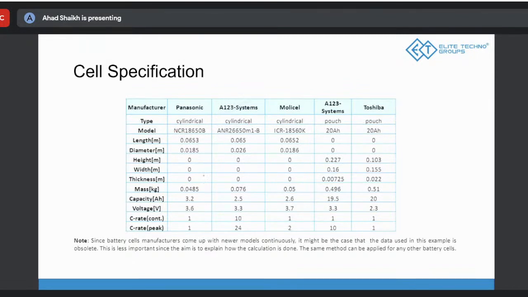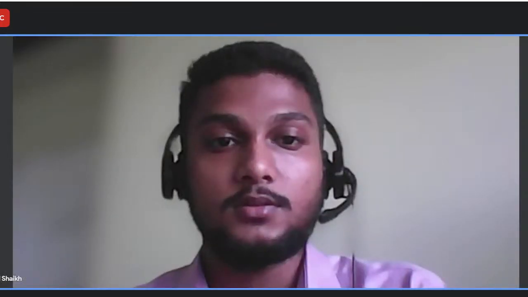With these specifications, we will try to find out some parameters: energy density, basically volumetric energy density, and gravimetric density. We will find these by performing certain calculations. So now I will present my screen. Just give me a minute.